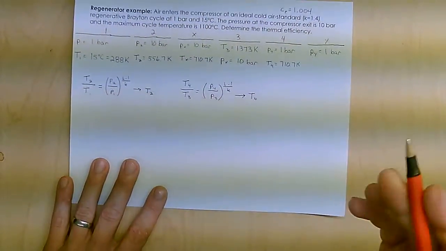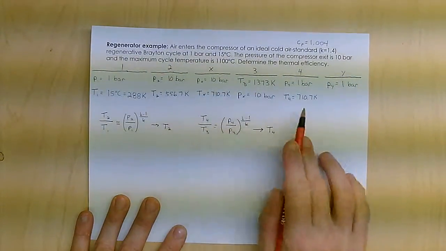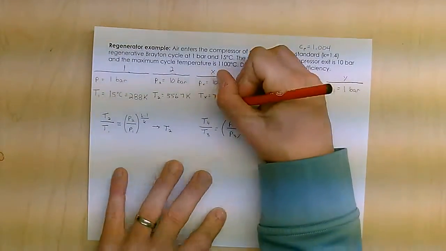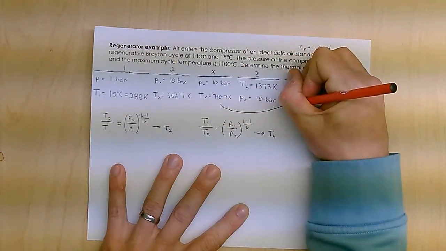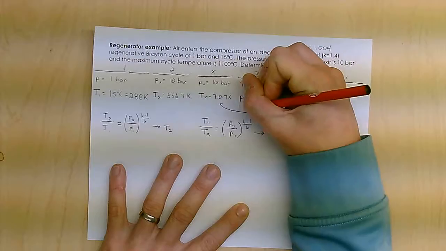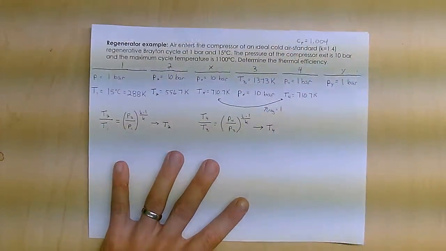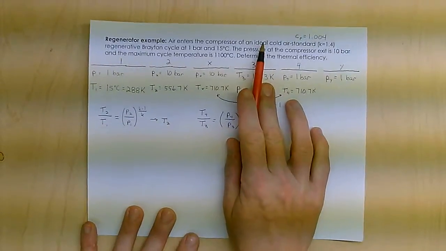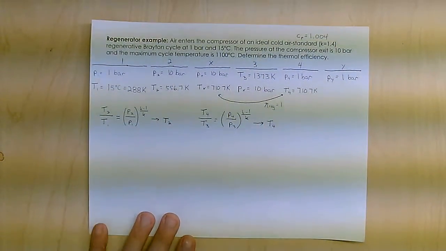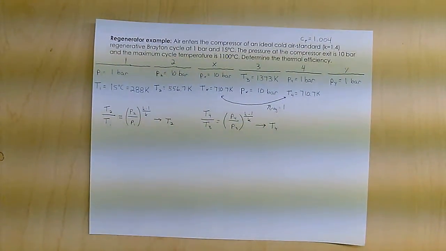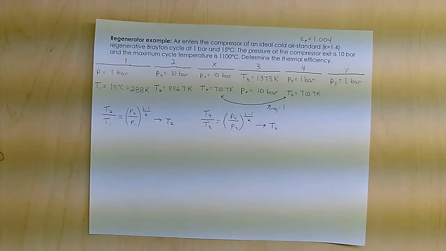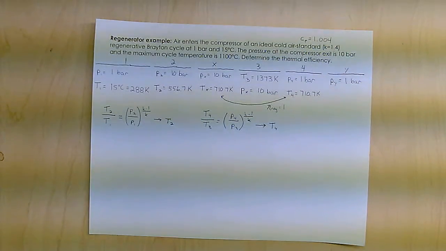Because my regenerator efficiency is 1, where I've got this ideal regenerator, those temperatures are going to be the same.